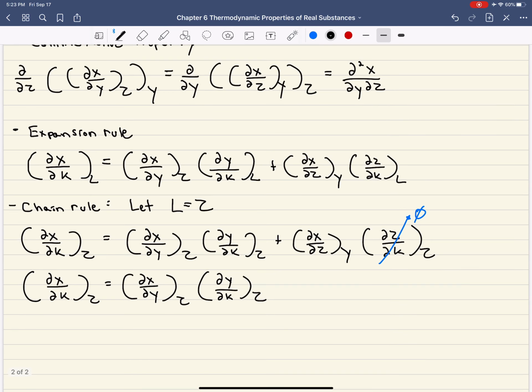Okay? All right, and this identity is useful, I'll just say useful for adding in a new variable into your partial derivative.